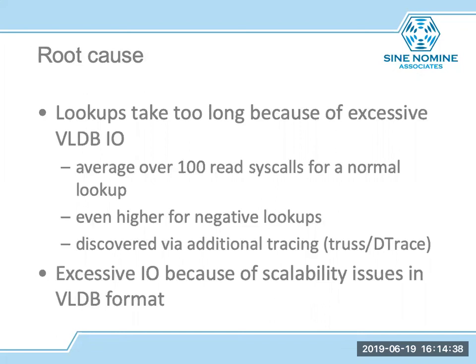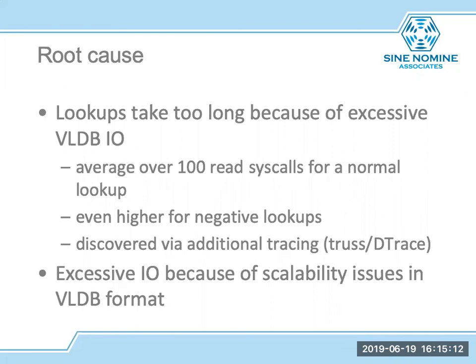Okay, so why are these RPCs taking so long? Because 3.1 milliseconds is an eternity to just look up a volume. Why is it taking so long? And by further investigation, using truss and dtrace, among other tools, they were able to determine that these lookups are taking too long because of excessive VLDB I/O. So each one of these RPCs could generate, on average, 100 read calls into the VLDB.